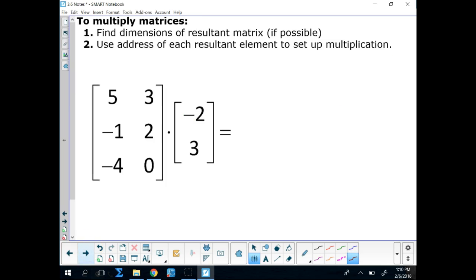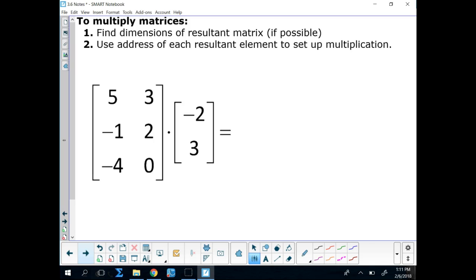Okay? So, let's do it. Let's dive right in. First thing I got to do is check to see if it's possible or not. What are the dimensions of my left matrix? 3 by 2. Do we agree with 3 by 2? Yep. Dimensions of the right matrix. 2 by 1.